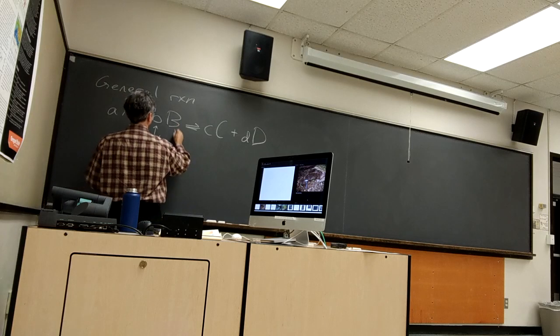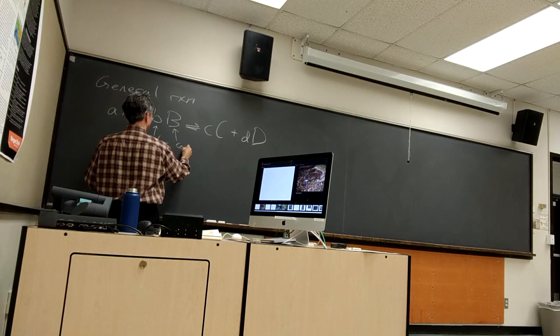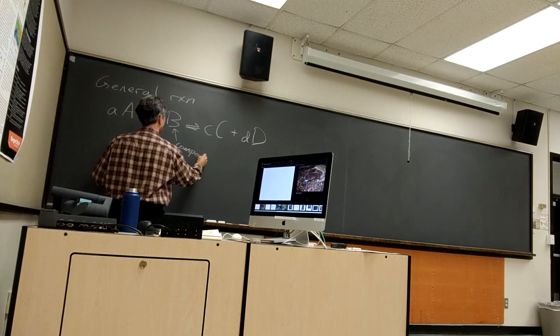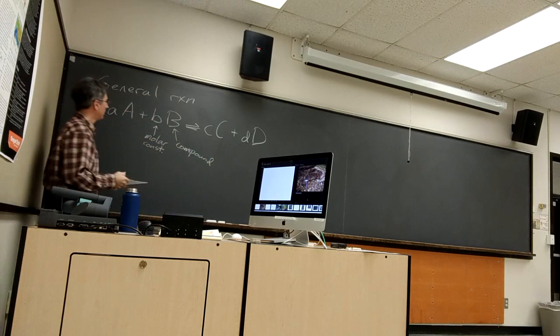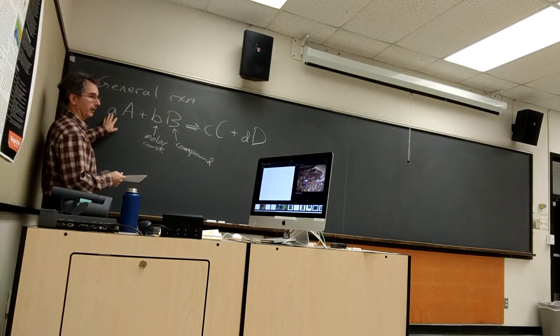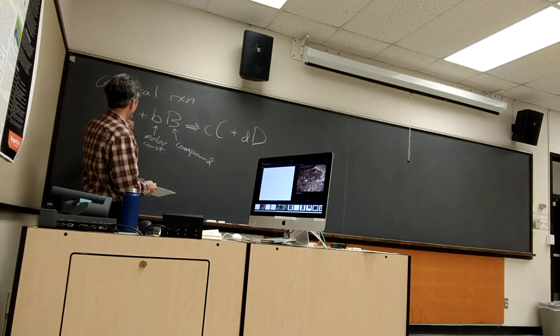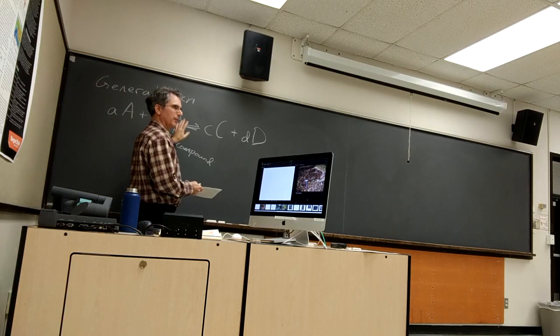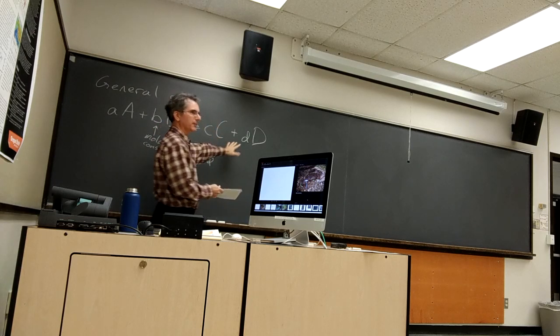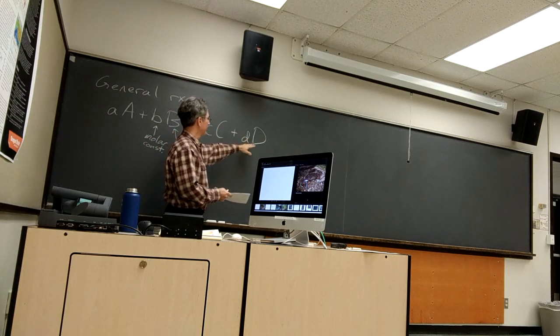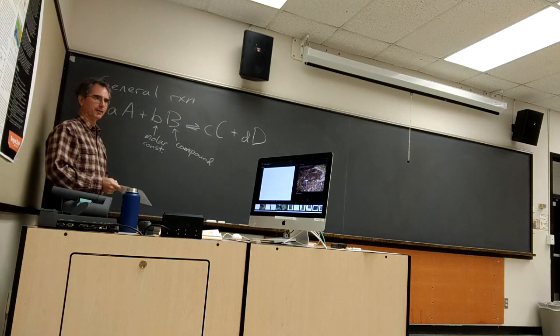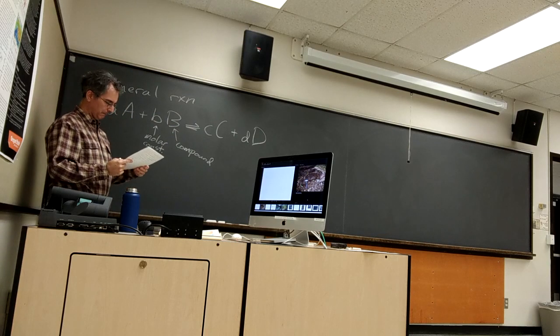And then B there would be, of course, the compound. So we're talking little a moles of compound big A plus b moles of B as reactants, and on the product side, c moles of C, d moles of D.